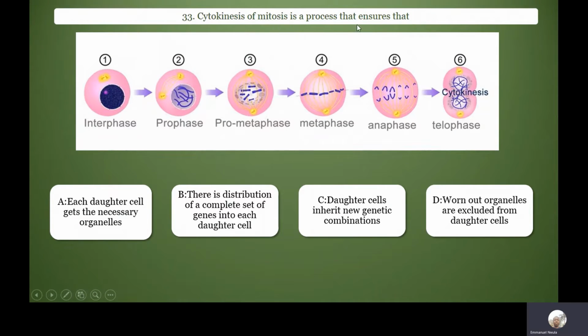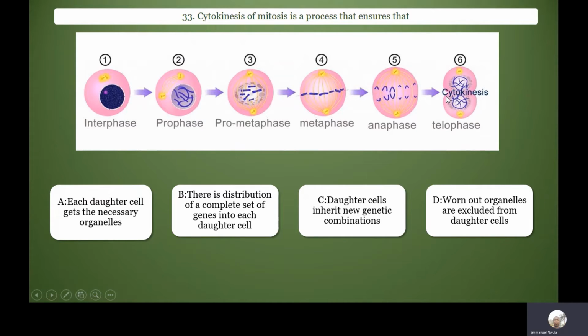Cytokinesis of mitosis is a process that ensures that... the correct option here is B. There is complete distribution of a complete set of genes into each daughter cell. Okay, so remember the cell division mitosis gives rise to two daughter cells. It's about the division of the somatic cells of the body.